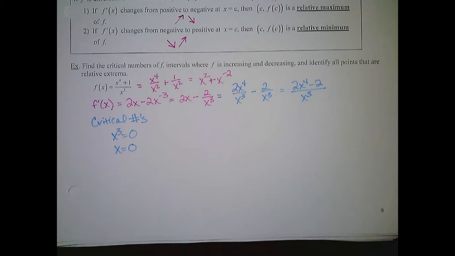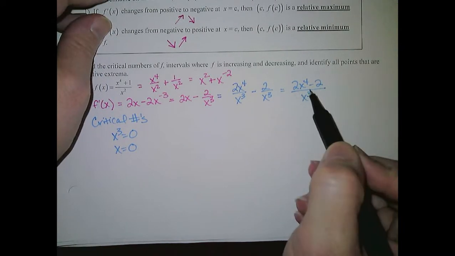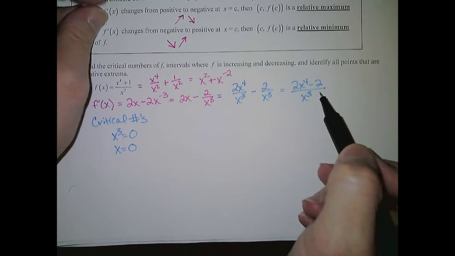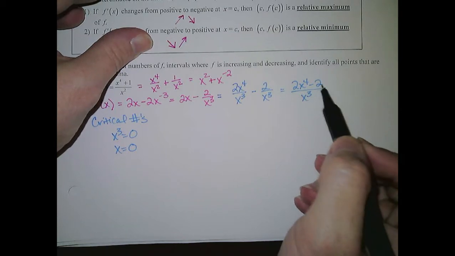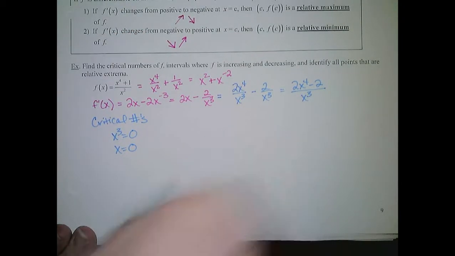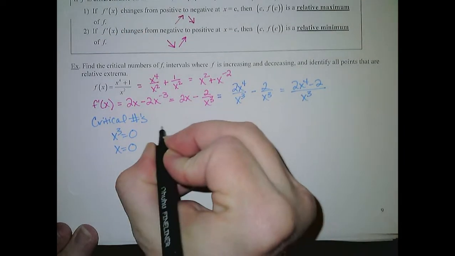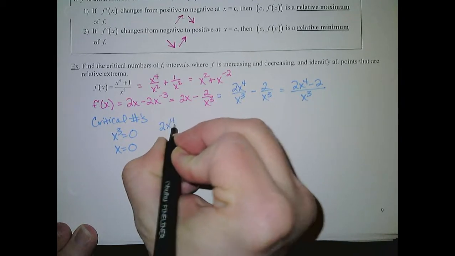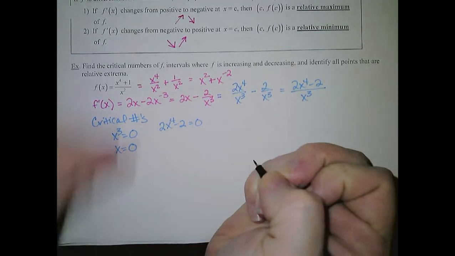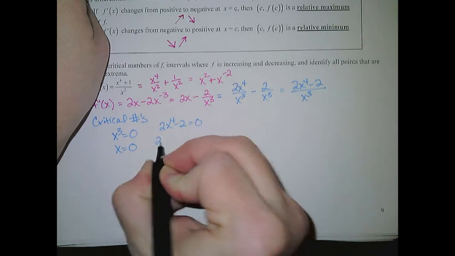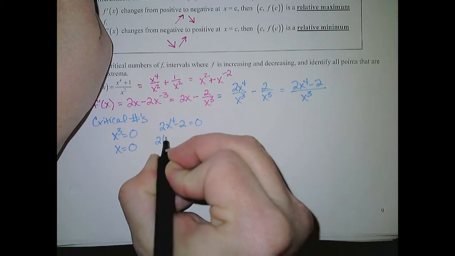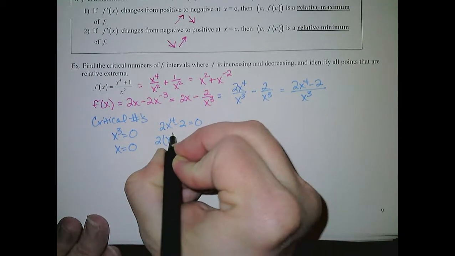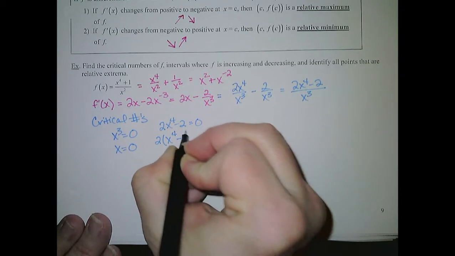The only way that a fraction could be equal to 0 is if its numerator is actually equal to 0. So to find where the derivative is equal to 0, we're looking for where 2x to the 4th minus 2, the numerator, is equal to 0. We could factor this. So I'm going to factor out the 2, and we have x to the 4th minus 1.